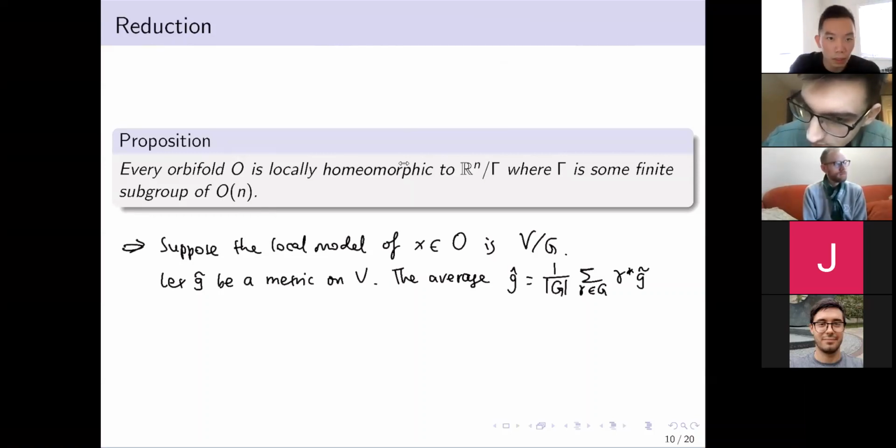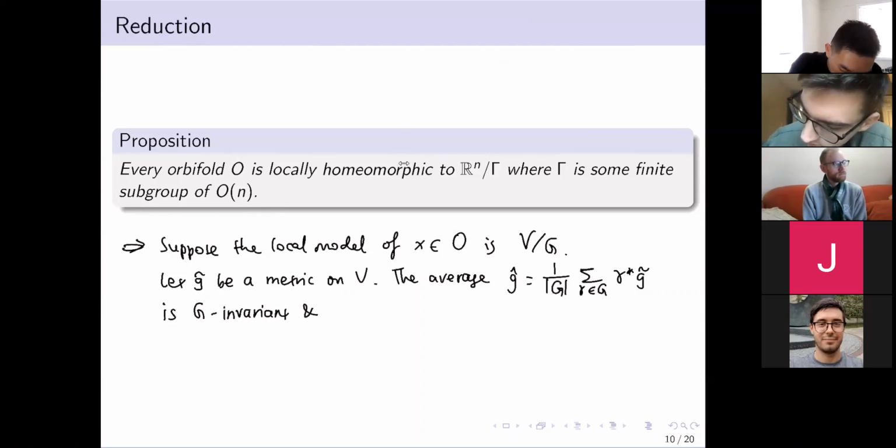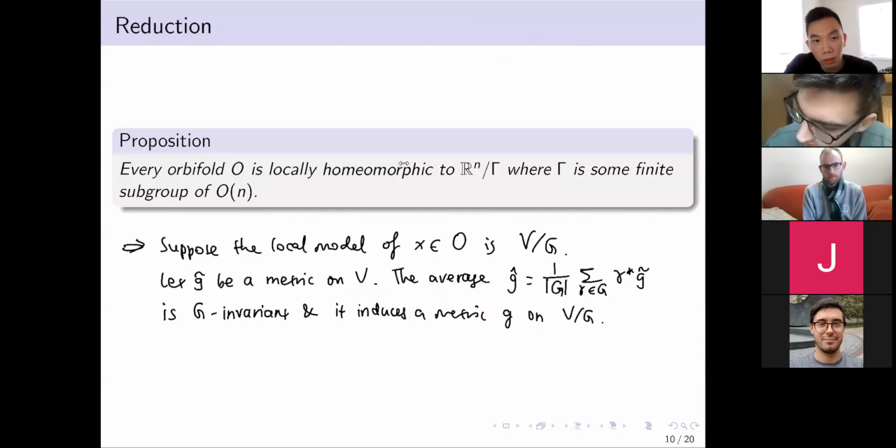That's what it means by the average, I think. What's so good about this is that this is now G invariant, and therefore it induces a metric, I'm going to call it G, on the local quotient space.